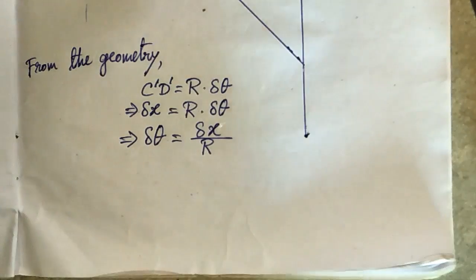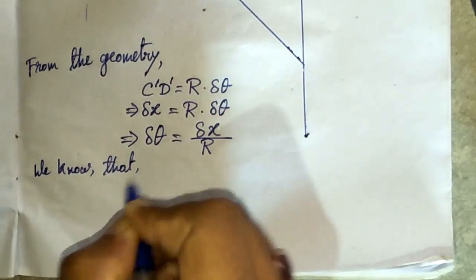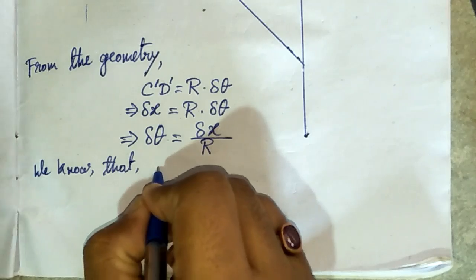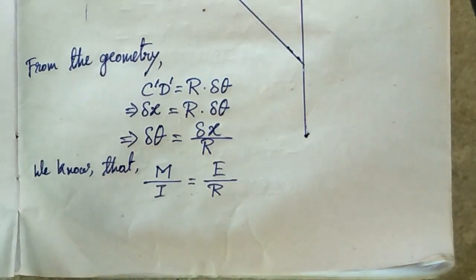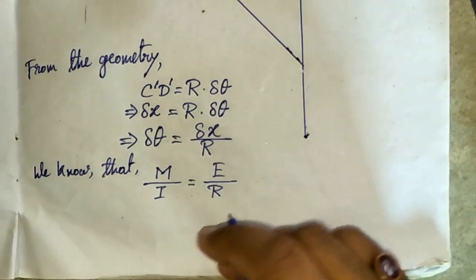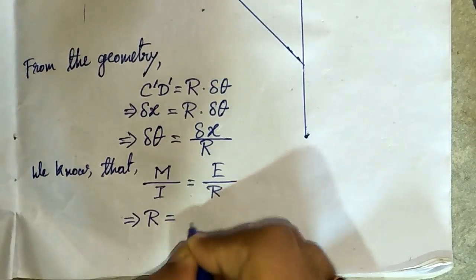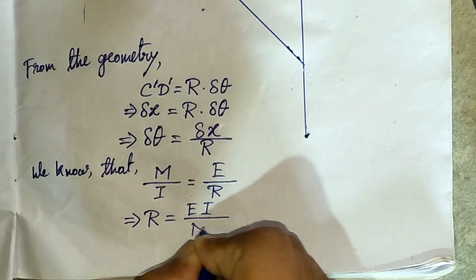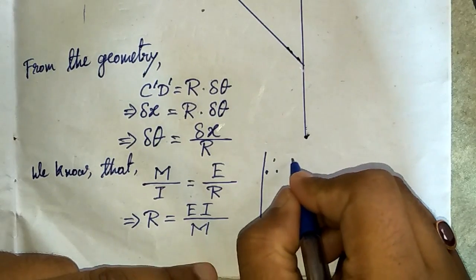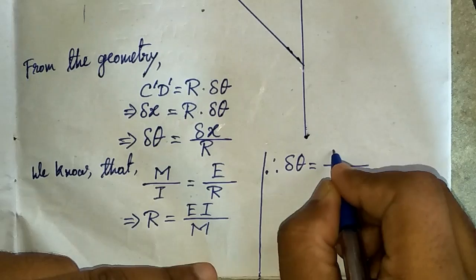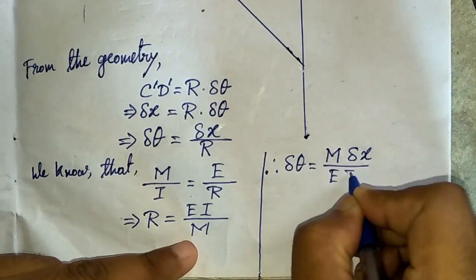We know from the bending stress formula that M by I equals E by R. From this formula we get R equals EI by M. Therefore we can write del theta equals M into del x by EI.